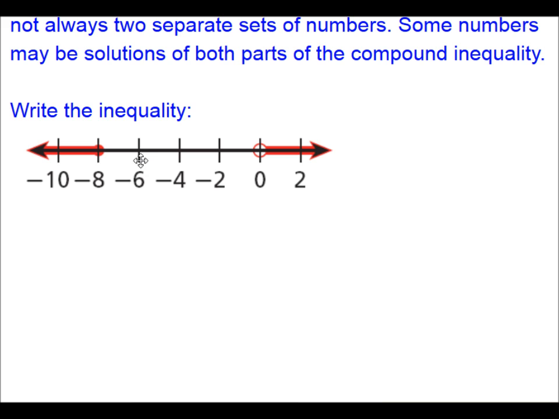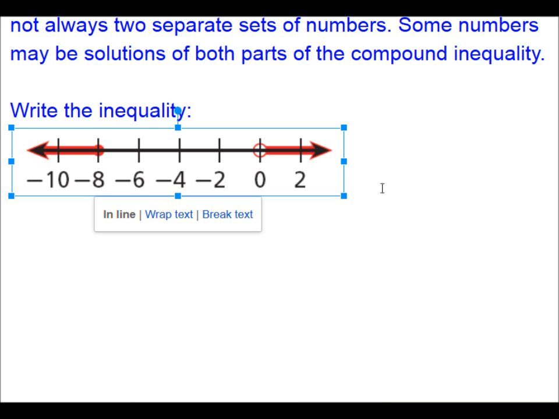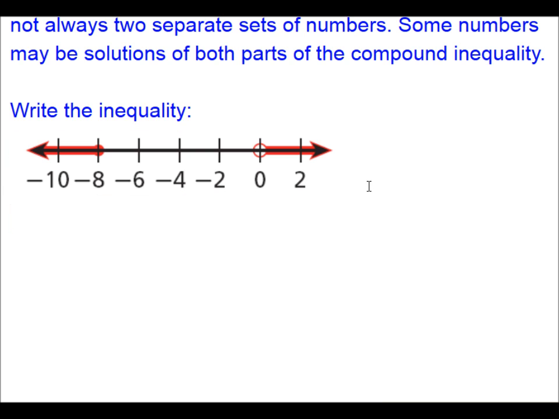So this is another problem to solve. We have to write the inequality. So what will be the inequality? Here there is a dot, that means minus 8 is inclusive. So let the number be x. x is less than or equal to, I'm using this phrase because I don't have that particular symbol handy as of now.